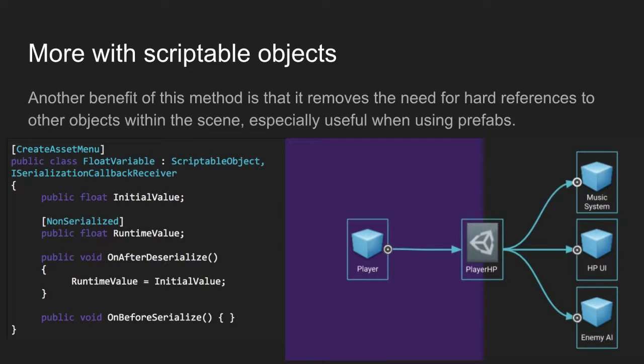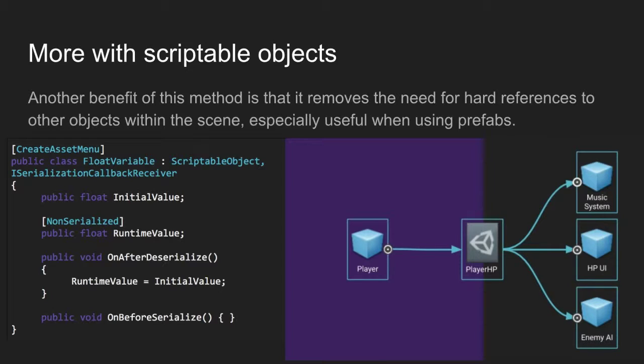Another benefit of using scriptable objects, even when you're not transitioning between different scenes, is that normally if you store the player HP in, say, the player script, then the other scripts that need to use the player HP would have to reference that player object. And if something happens, like the player gets deleted for some reason, then everything breaks.